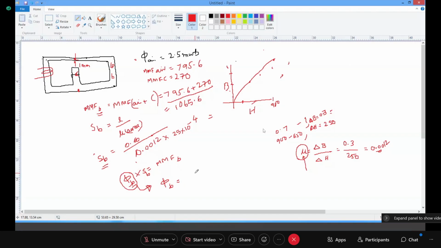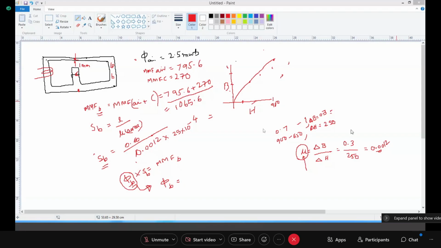You are not putting the value of SB. Any issue with the chart? Let me check. This is a reluctance value, I think.